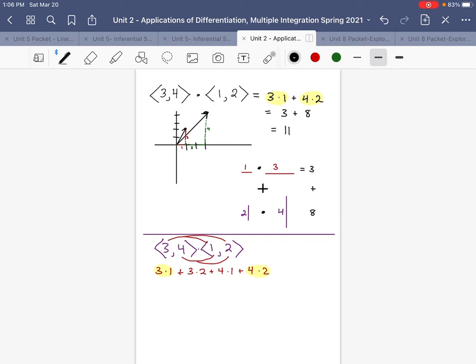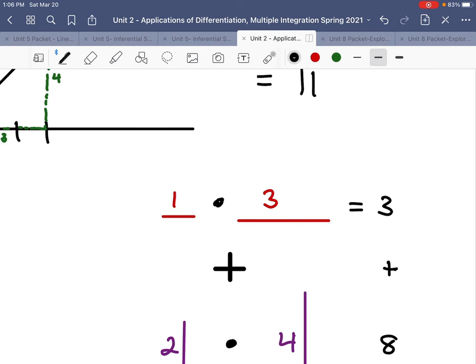So what is a 1 times a 3 telling us? It's telling us that we're applying a scale factor of 3 to the number 1. So we're tripling the number 1.